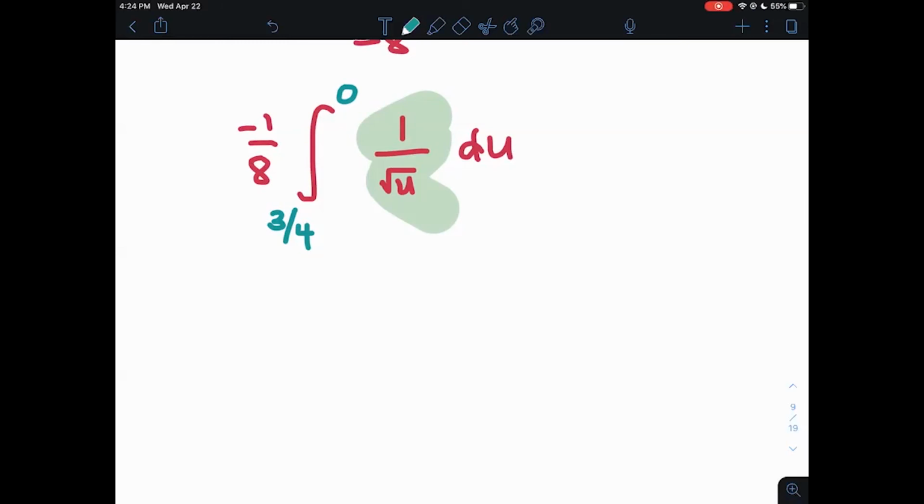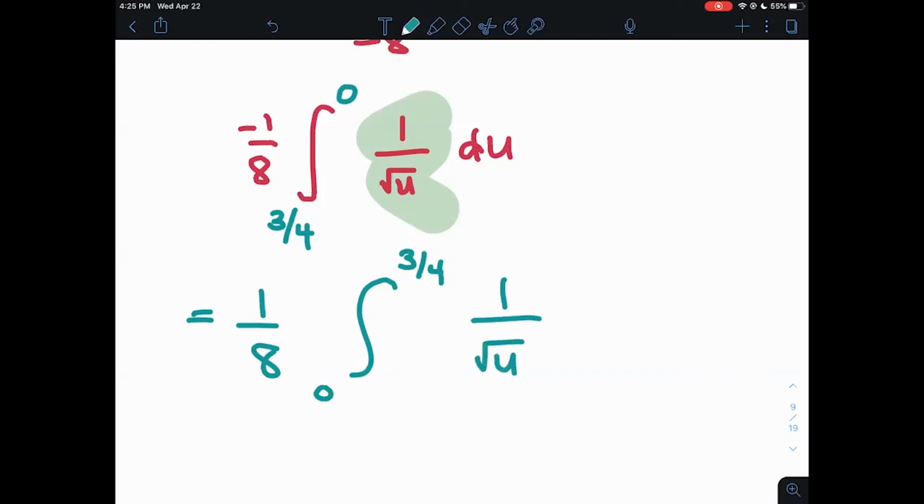So notice that my limits of integration are going backwards, right to left if you think about this on a graph. If I negate this entire thing, if I take away this negative sign, this would be equal to 1/8 times the integral from 0 to 3/4 of 1 over the square root of u with respect to u.